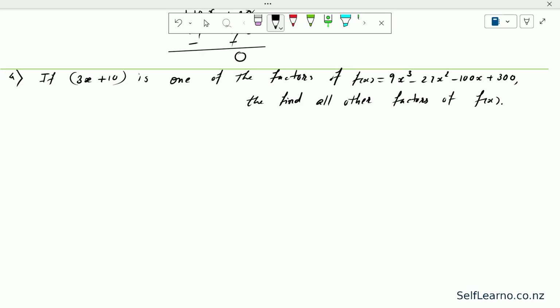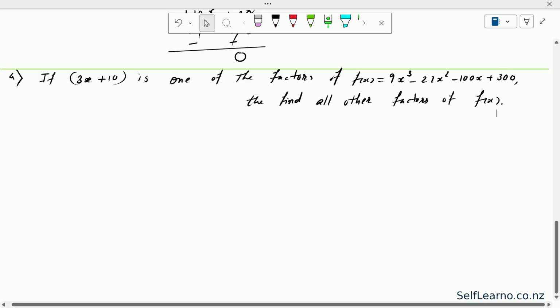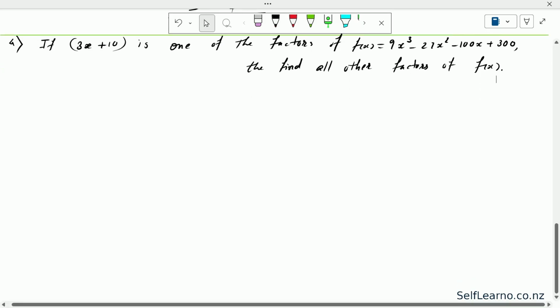9x cubed minus 27x squared minus 100x plus 300. If you want to try, you can. Pause button is in your hand. Try it out.